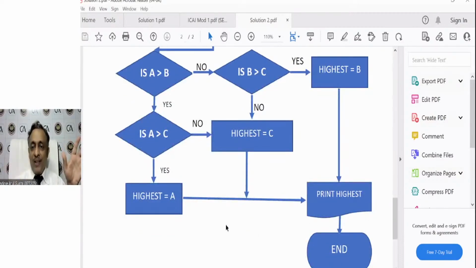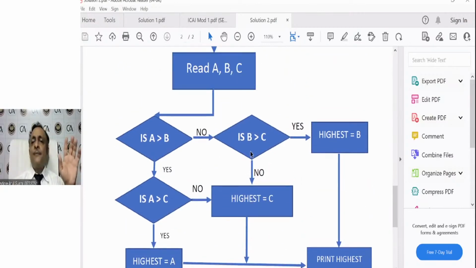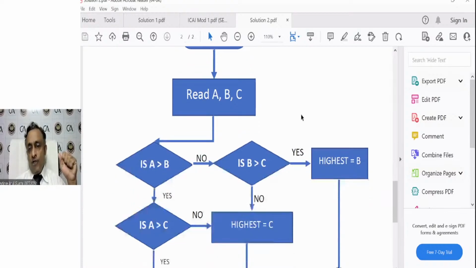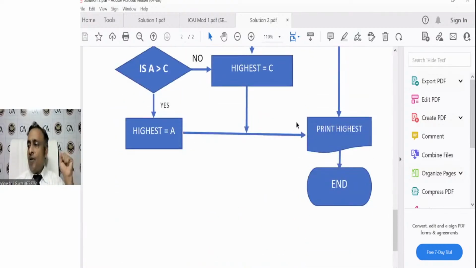It's like a flow: print and then end. So that is how you prepare flowcharts. The best way is that whatever question comes, first draw the logical inference of how you are going to process. Write in lines, create a draft process, and then start making the flowchart. That is how it has to look.